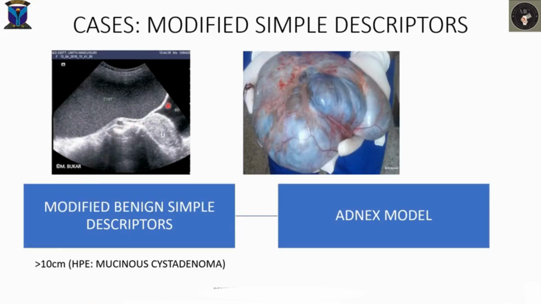Look at this cyst. Does the modified simple descriptor apply here? Well, these are surgical specimens. It doesn't apply. Why? Because the size is more than 10 centimeters. So, the ADNEX model should be used in this case. The final diagnosis was mucinous cystadenoma.